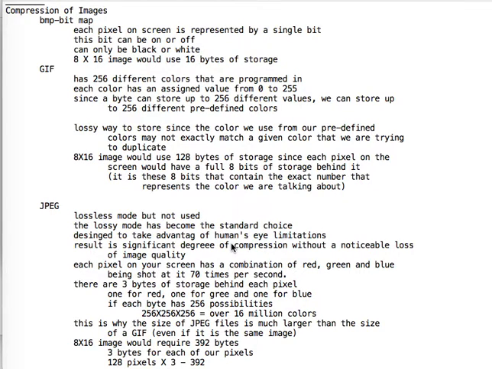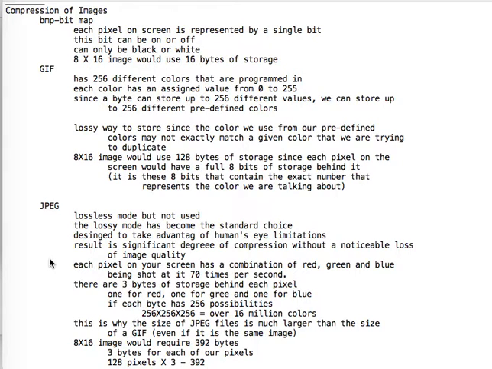And what we have to understand is that 70 times per second, there's like these three guns shooting so much red, so much green, so much blue at one of these pixels, and it gives its color. Now if you take 256 multiplied by 256 multiplied by 256, you're going to have over 16 million colors that are available in a JPEG method.